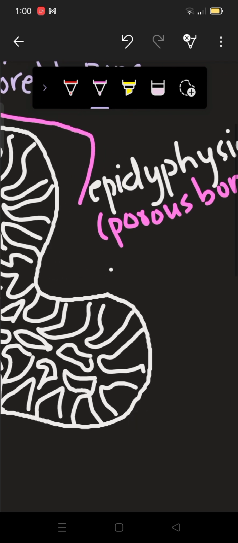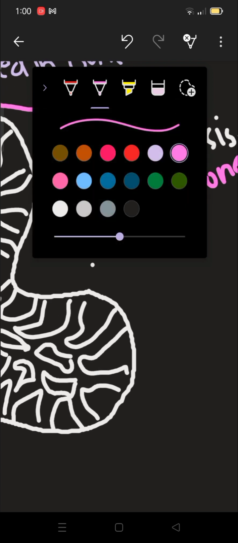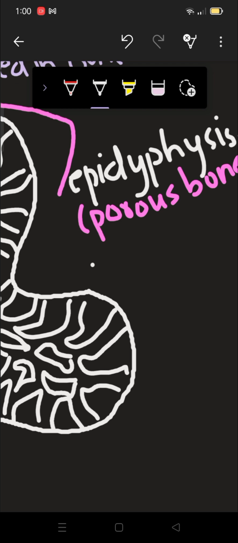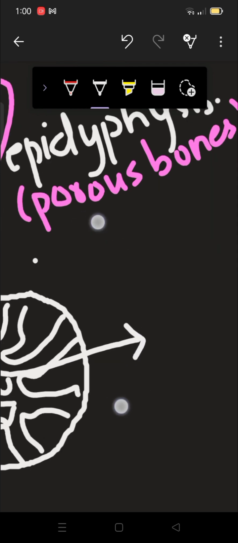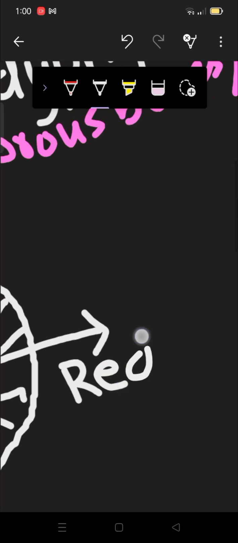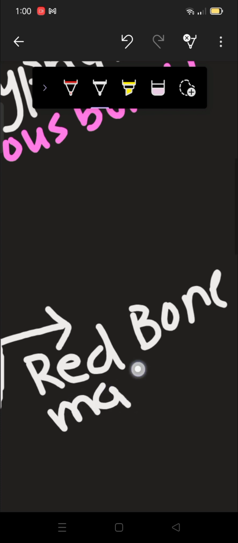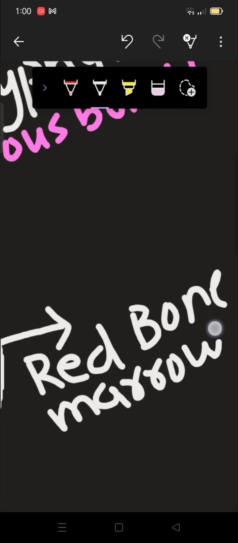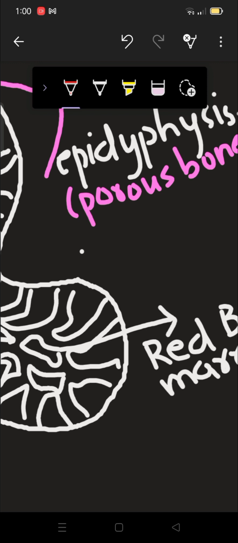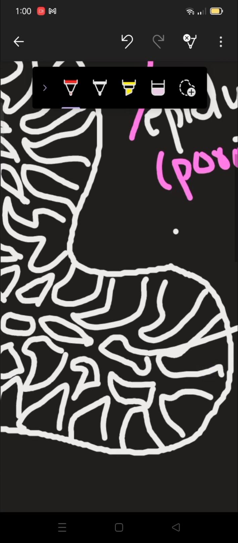So what is this? This is the red bone marrow. Let me write this down: red bone marrow. Let me color it red as well, so that it can be more clear to you.